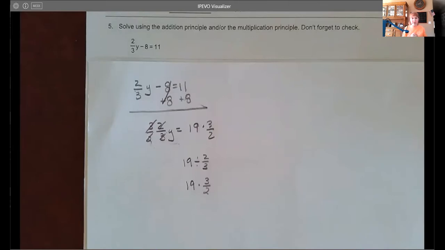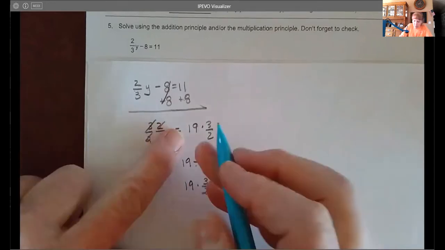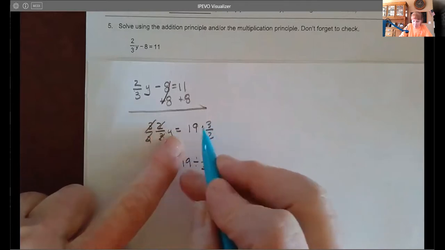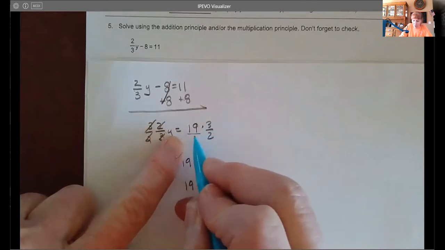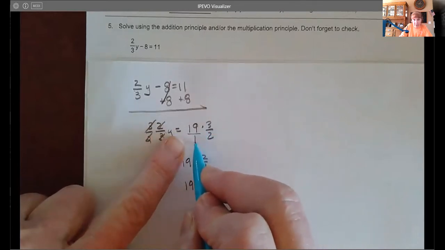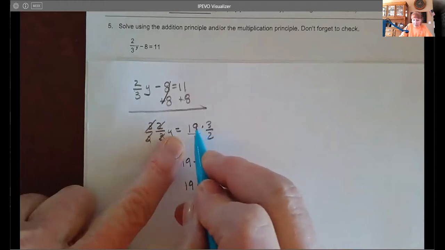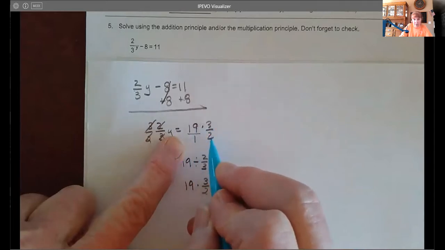So we end up with 19 times 3/2. I did not eliminate the fraction here or clear the fraction. But when we multiply, we put our whole numbers over 1 and try to reduce. Well, nothing goes into 19 and 3 and 2.